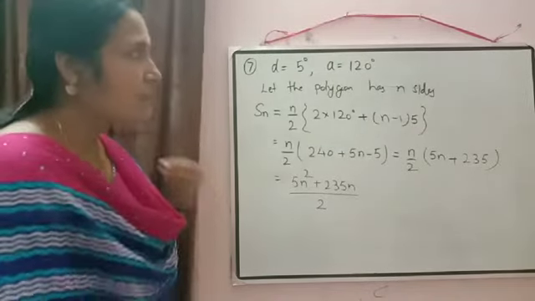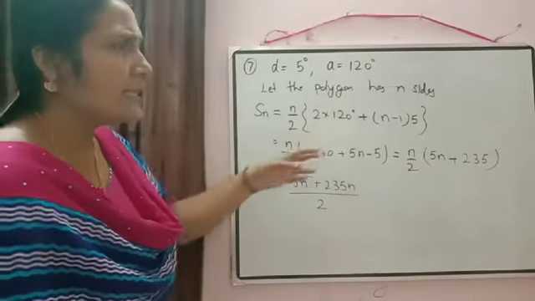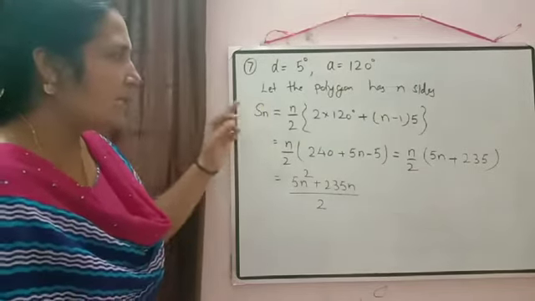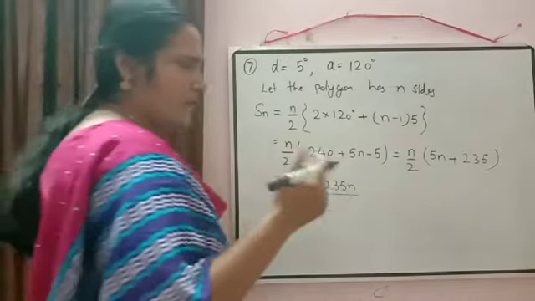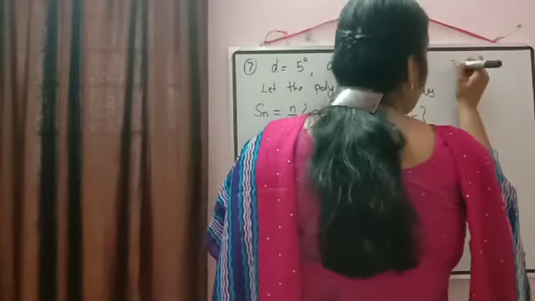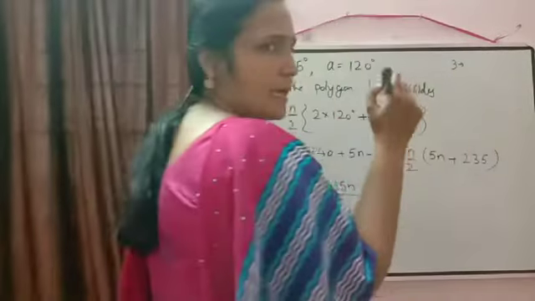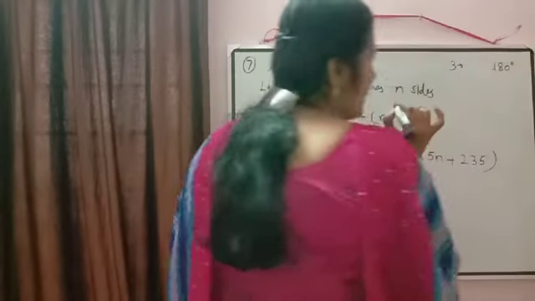Now, according to the formula, what will be the sum of all the angles of a polygon with n sides? I am just giving you an example. In a triangle, how many sides are there? 3 sides. And what is the sum of all the angles of a triangle? 180 degrees.